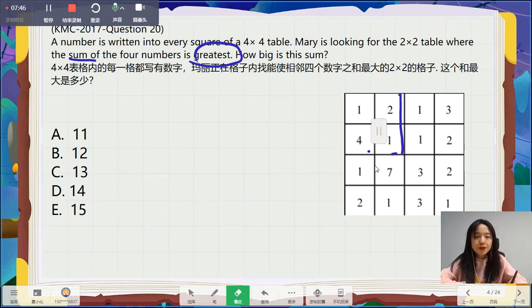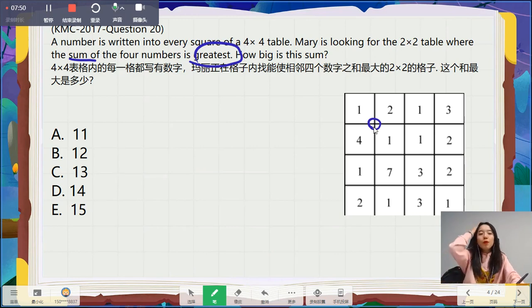So, also we can use this way to find. We can find the middle point. So, all boxes around it should be added together. And how many such middle points do we have? 1, 2, 3, 4, 5, 6, 7, 8, 9.